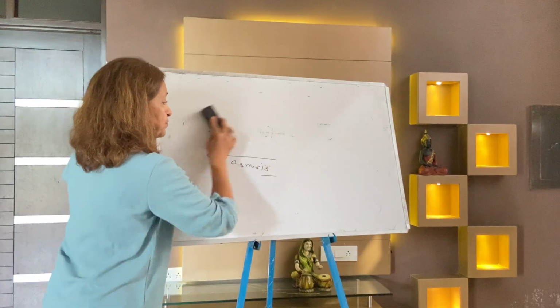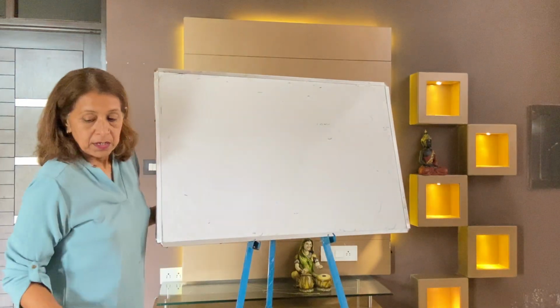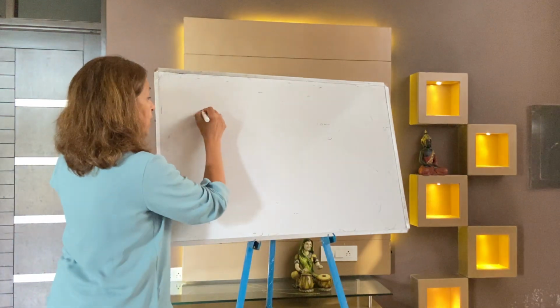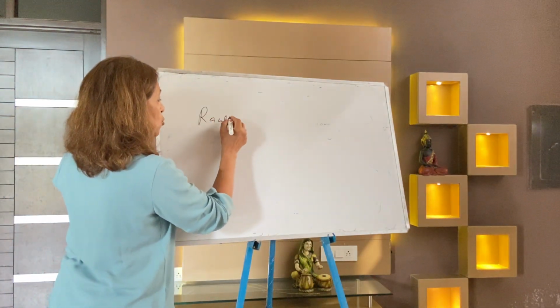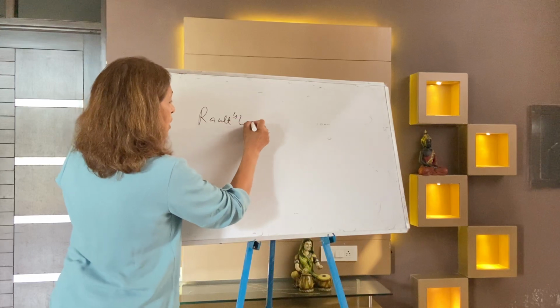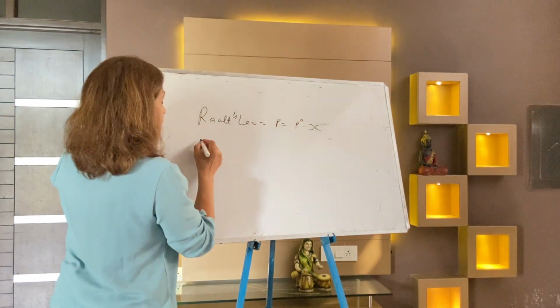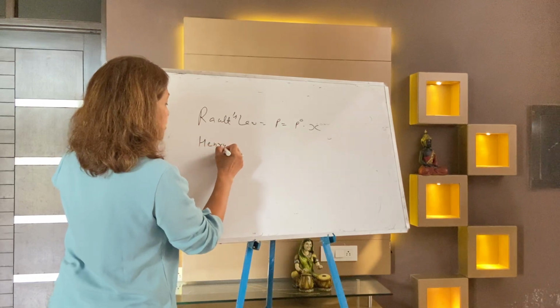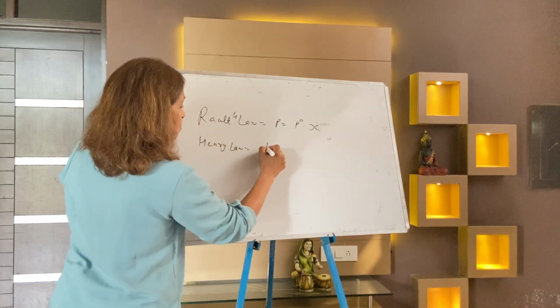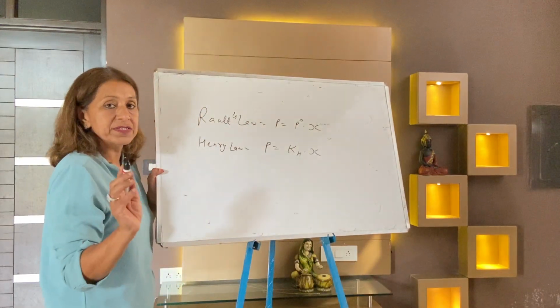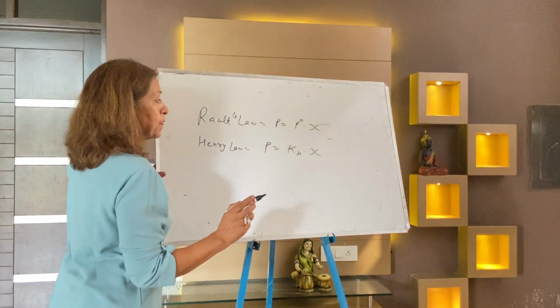Now coming to Raoult's law and Henry's law. During Raoult's law the formula is P is equal to P naught into X. And during Henry's law, what's the difference? I'm telling you, it is P is equal to KH into X, just one difference in the constants.